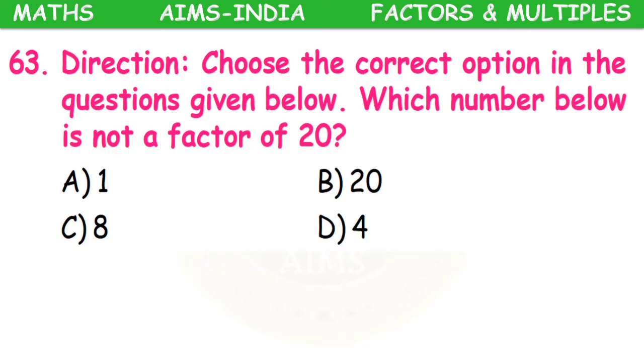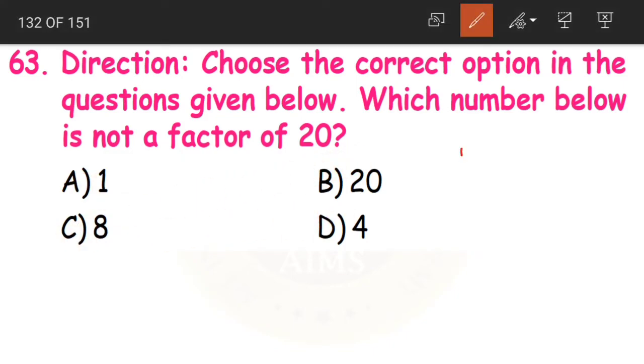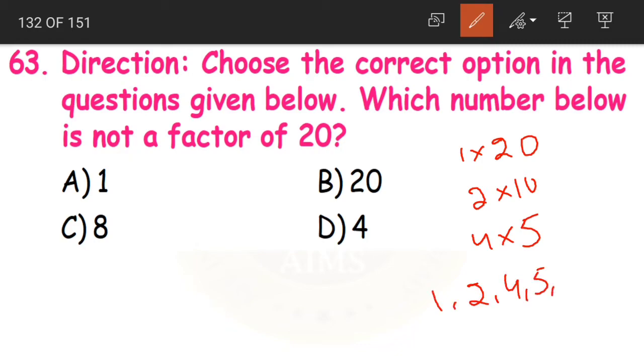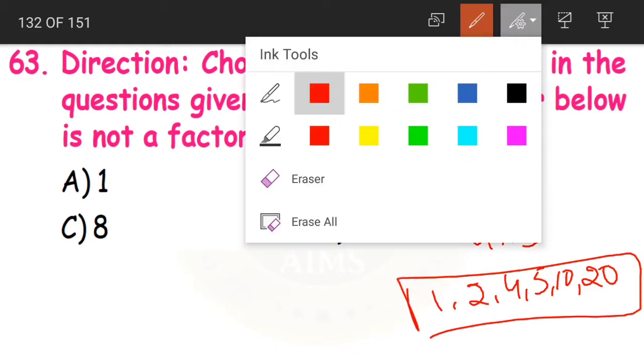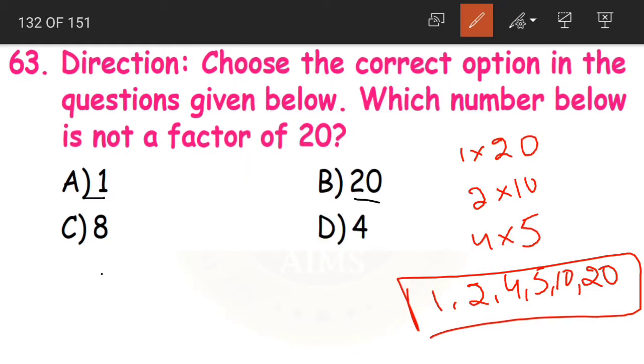Yes. Next, which number below is not a factor of 20? Now if you look at the factors of 20, we have 1 20 is 20, 2 10s are 20 and 4 5s are 20. So the factors of 20 are 1, 2, 4, 5, 10 and 20. So from the given options, which is not there?